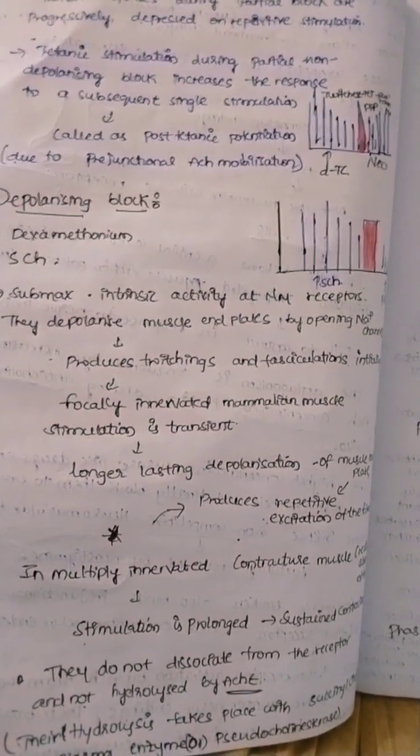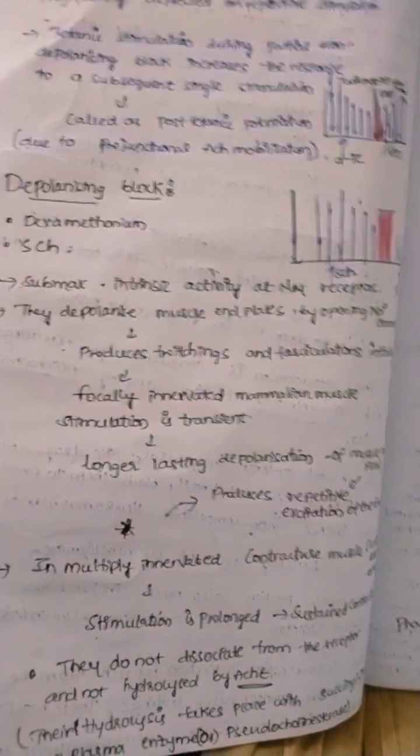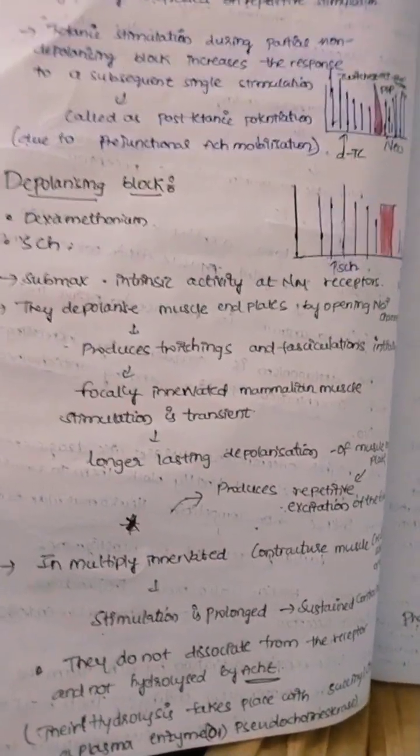This is common, no? If long-lasting depolarization occurs in the muscle end plate, what will happen? Repetitive excitation of the fiber will occur. This is a common process.